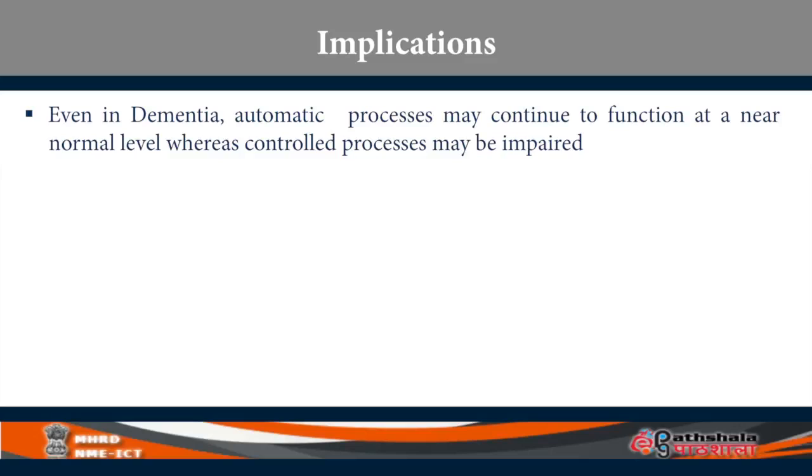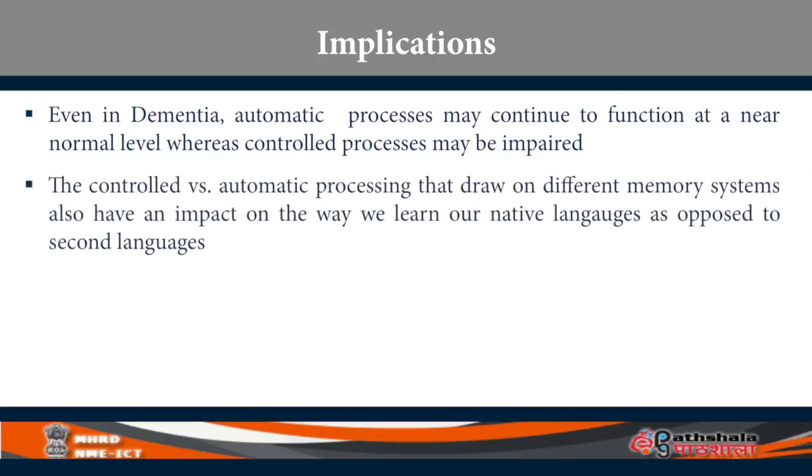That is, there is a dissociation between automatic processing of language and control processing of language even in dementia. So, control versus automatic processing draws on different memory systems. To understand what dementia is, and which memory system is more impaired in dementia, you have to engage with this notion of control versus automatic processing, select appropriate tests and do the testing when you collect data.